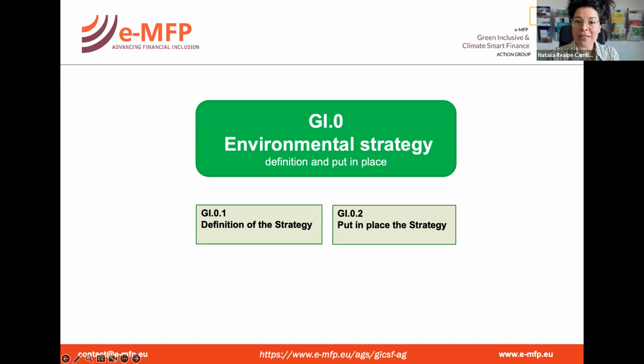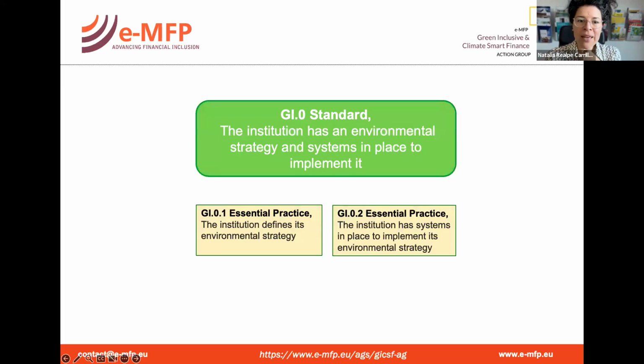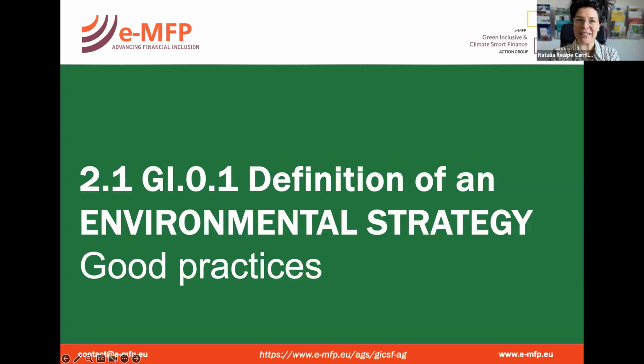That is then, as Chris was saying, with specific objectives, with specific activities, with a roadmap and responsibilities. And then in these essential practices, you will have a list of indicators or actions that the institution will or can, or we hope, is implementing.